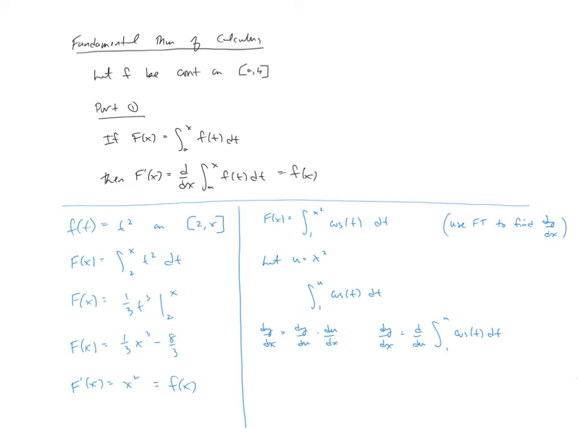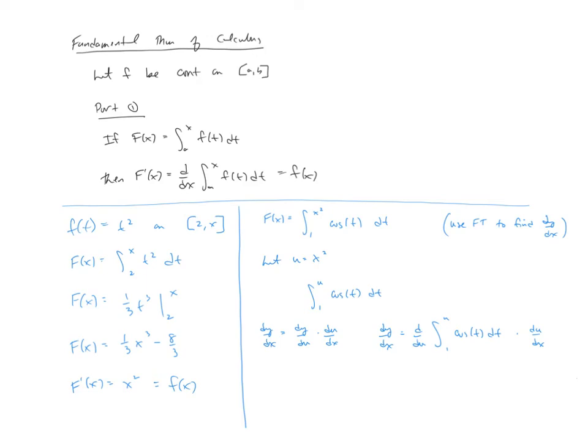That part that I have written right there, this whole piece right here, that's my dy du. Now, I still need to multiply by du dx. So I'll put my du dx off to the side.